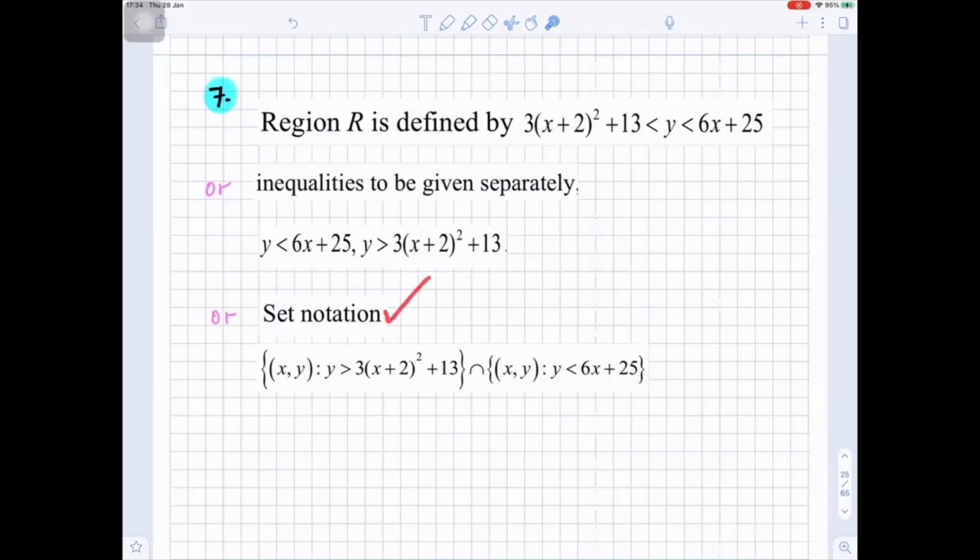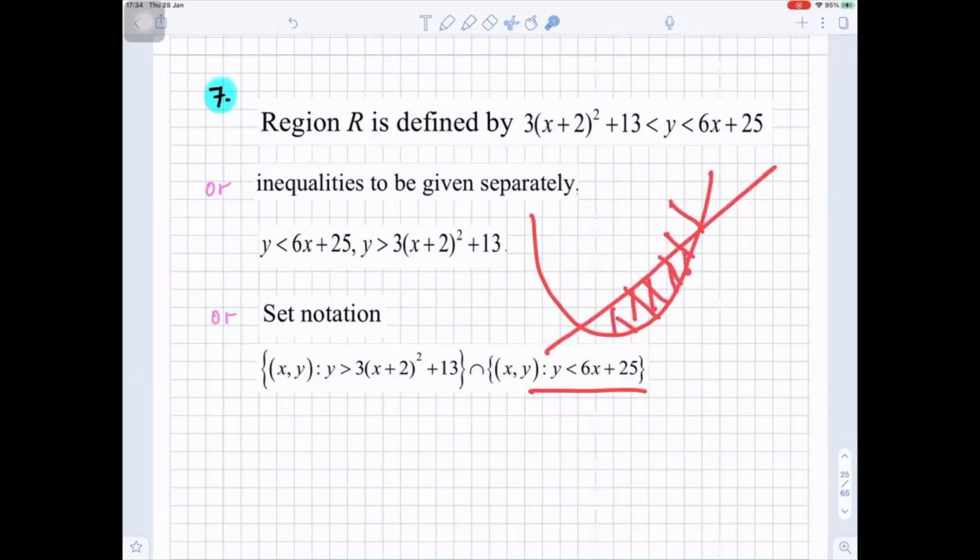Or you can give it in set notation: x, y, such that y is greater than the curve, above the curve, 3 bracket x plus 2 squared plus 13, intersection, that's what it means, where they meet, the x, y where y is less than 6x plus 25, the ones that are below the line. So what they're saying to you is that what is above the curve intersect what is below the line.